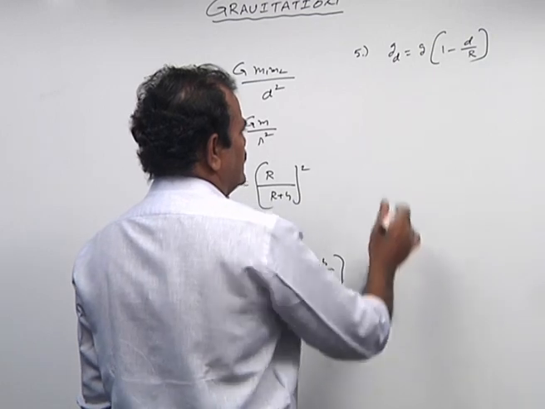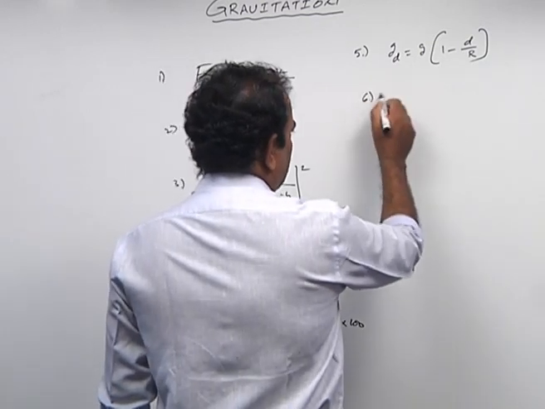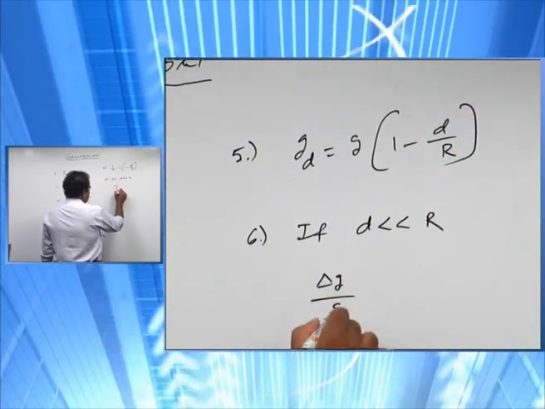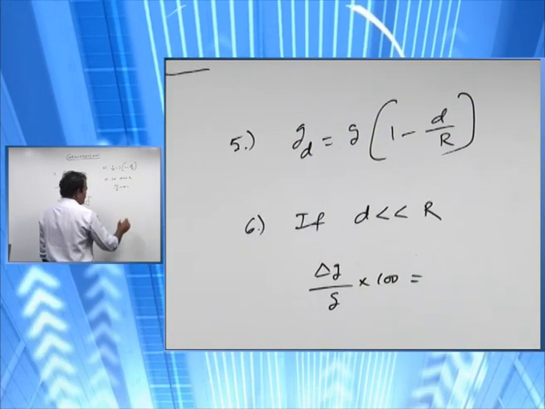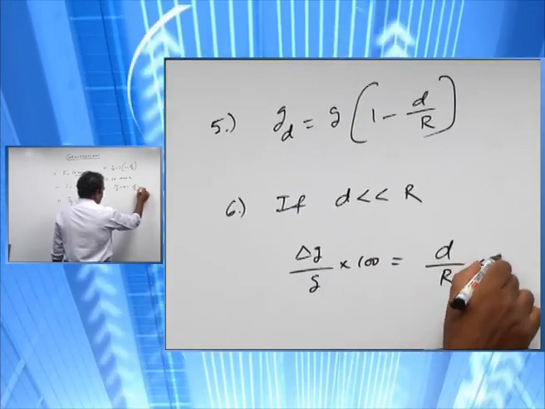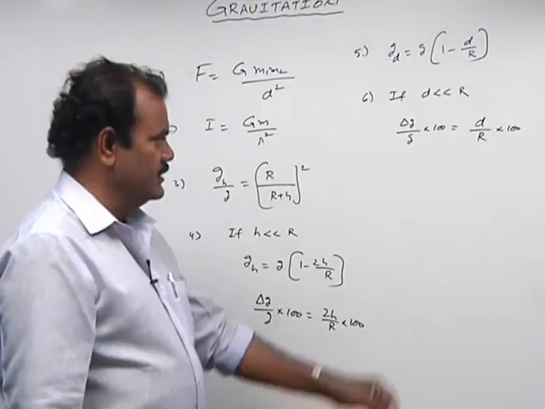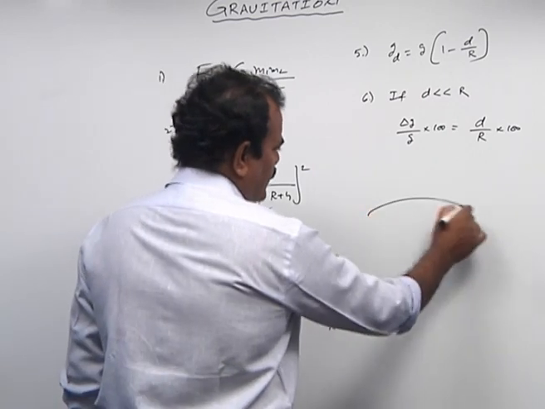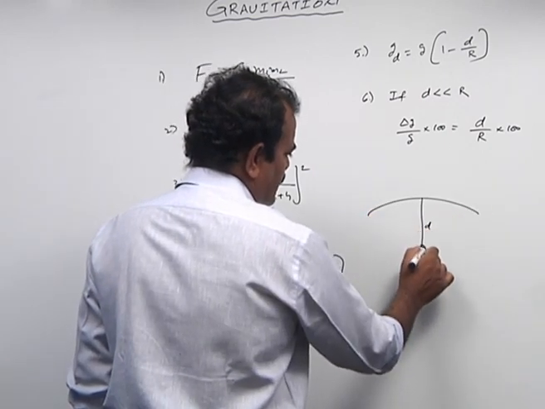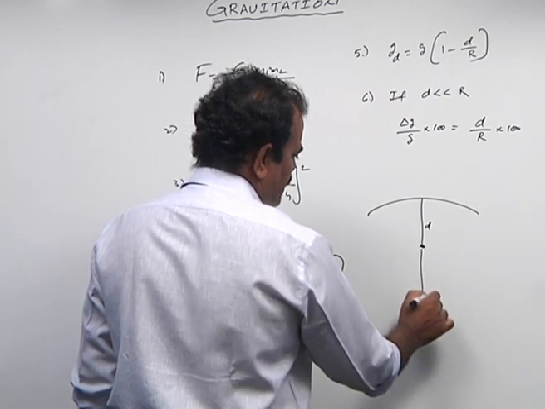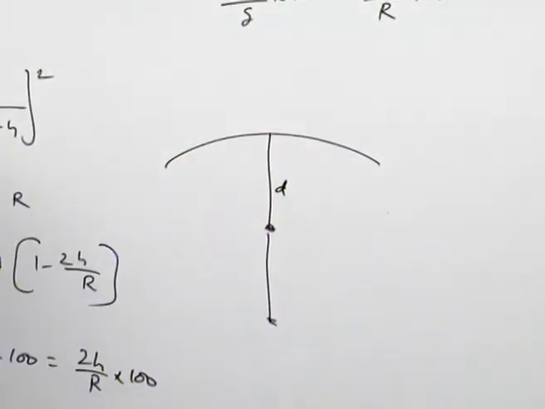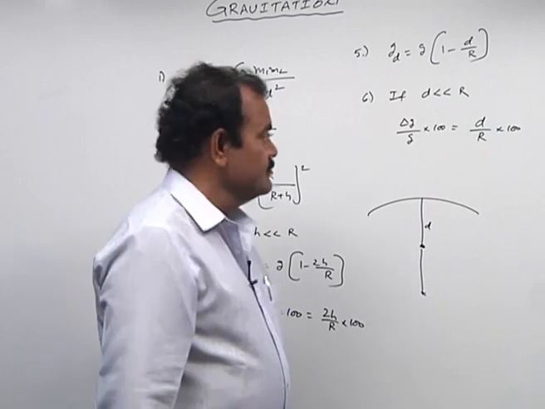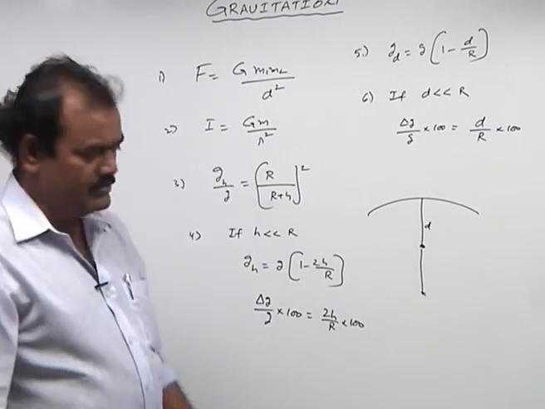Again, if d is less than R, then delta g by g into 100 becomes d by r into 100, where d is the depth inside the surface of the earth. Suppose the body is placed at depth d, then what will be the small g value? The fractional decrease in small g is d by r into 100. So far we have completed the sixth formula also.